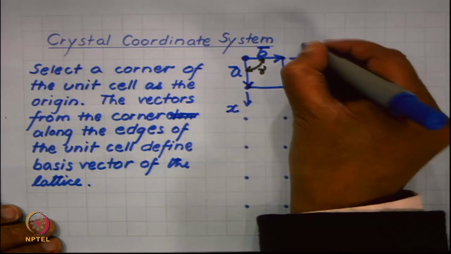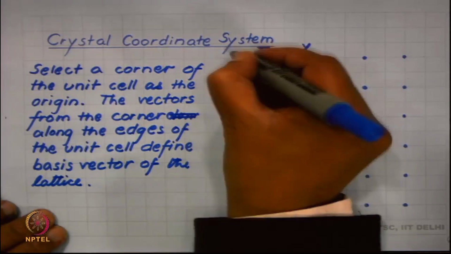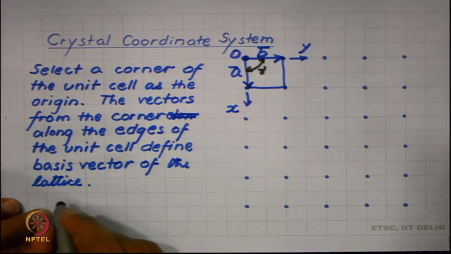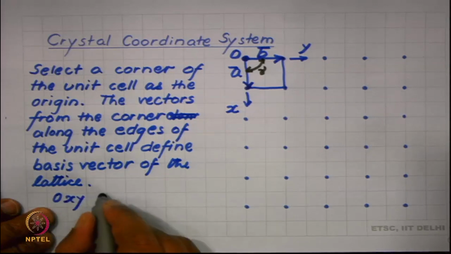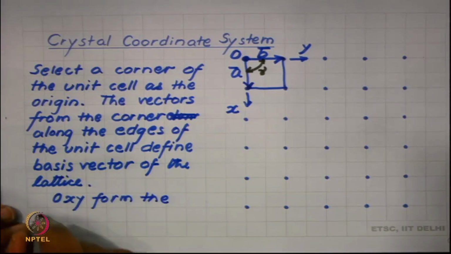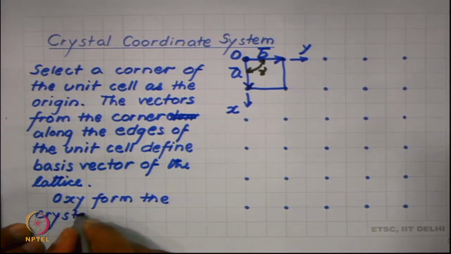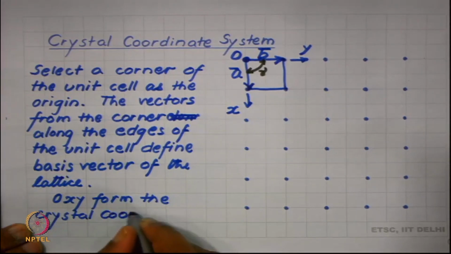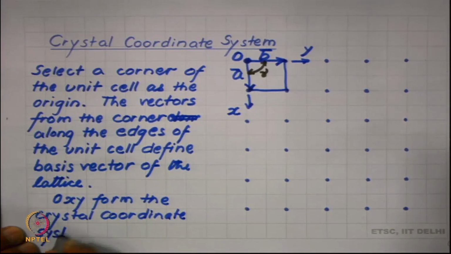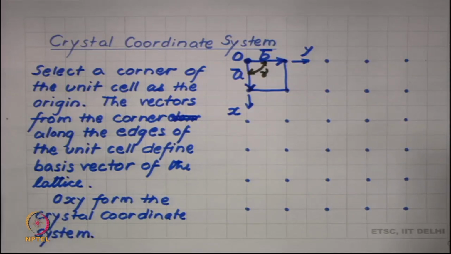This is our x axis, this is our y axis, this was the origin O. So, O x y form the crystal coordinate system. Of course, the crystal coordinate system is associated with the selection of a unit cell.